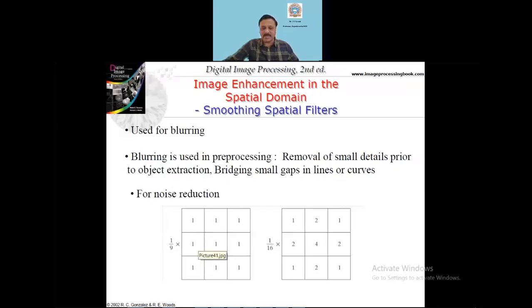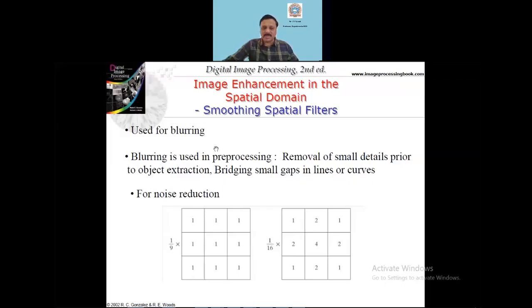So with a low pass filter, edges are blurred or smoothened. That is why we also call a low pass filter in image processing a smoothing spatial filter. Since it is smearing or smoothing edges, it actually performs blurring.